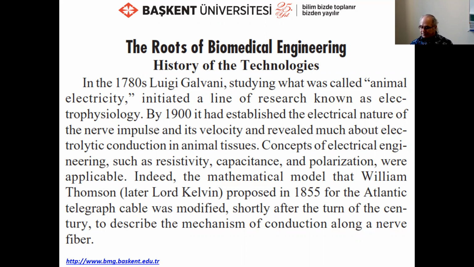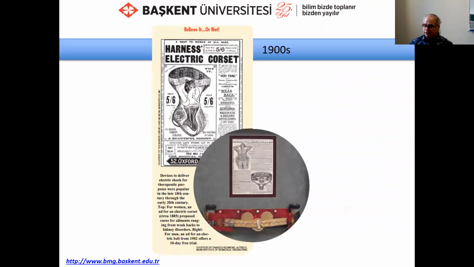During that time, William Thomson, later called Lord Kelvin, proposed the Atlantic telegraph cable. It was modified, shortly after the turn of the century, to describe the mechanism of conduction along the nerve fiber. Those are the initial studies in the history of biomedical engineering.